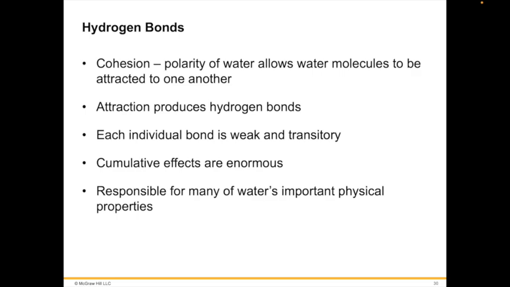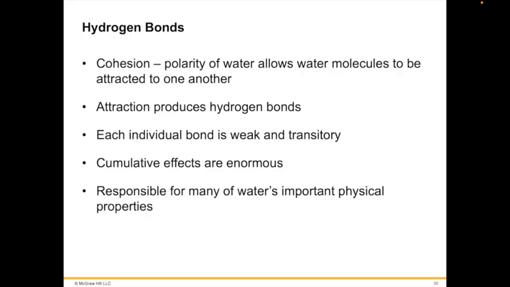The hydrogen bonding of water means that water molecules are attracted to one another. That is, water is cohesive. Each hydrogen bond is individually very weak and transient, lasting on average only 100 billionth of a second.